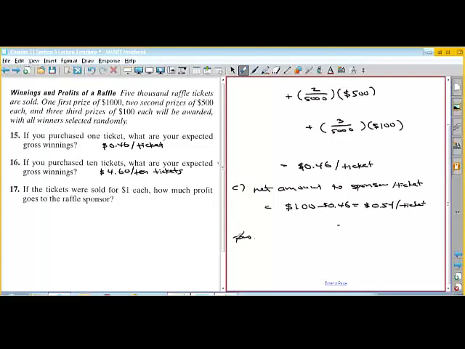And so the total profit is going to be equal to 5,000 tickets times $0.54 per ticket. And when you multiply those together, you get 5,000 times 0.54, which is $2,700. So that's the total profit.